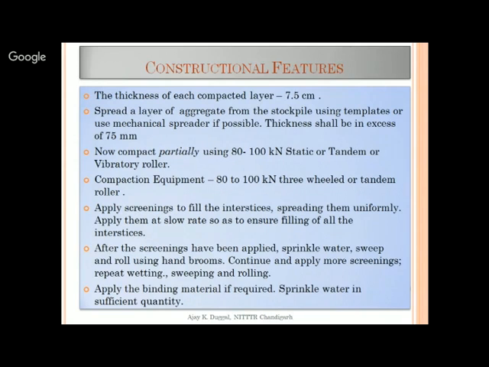Now this is more or less a manual cum mechanical type of work where the aggregate is spread out mechanically, but then the screenings are applied manually. How do we do that? First we spread the aggregate just like we showed you in the GSB material. Now we compact it partially. Remember, I am saying partially, not fully.